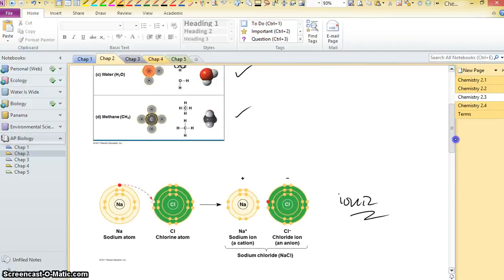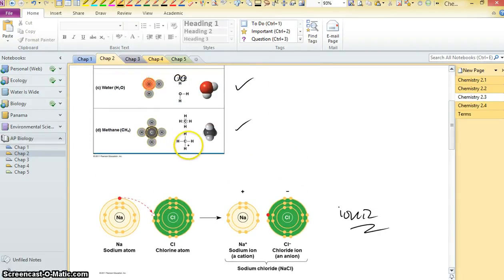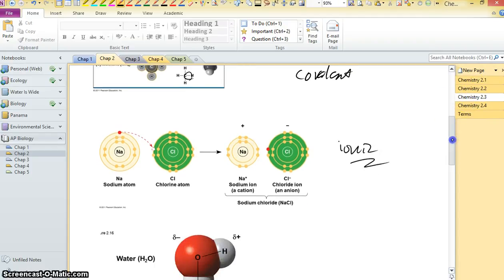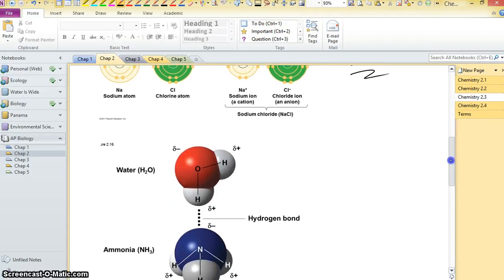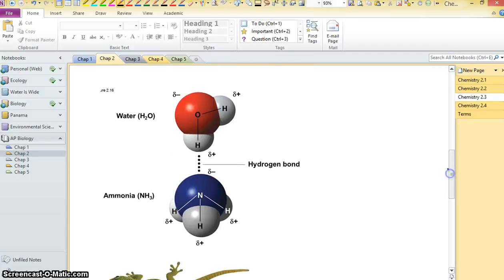and of course then we have covalent bonds shown by our dashes in our Lewis structure, where we have a pair of electrons being shared. The electrons are spending time on both atoms. But with some covalent bonds, as you'll recall, for example water, we have covalent bonds between the hydrogen and the oxygen. There's a pair of electrons being shared there.